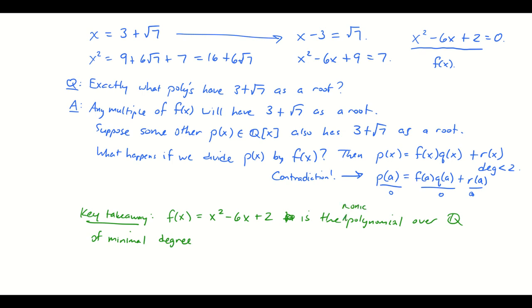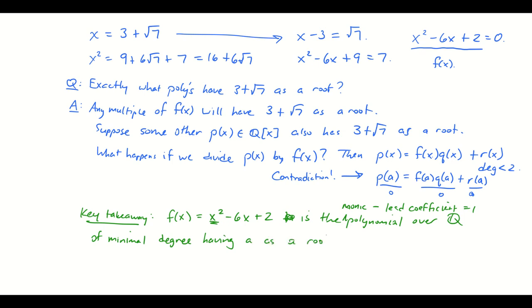Monic, M-O-N-I-C, means the lead coefficient is equal to 1. So in other words, I have an x squared here rather than a 2x squared or a 3x squared, because I actually could come up with other quadratic polynomials that have a as a root. Just multiply all this by 2 or by 3. It'll have the same roots. So we're always going to pick the one that's monic if we're looking for a single polynomial. So it's the monic polynomial over Q of minimal degree having a as a root.